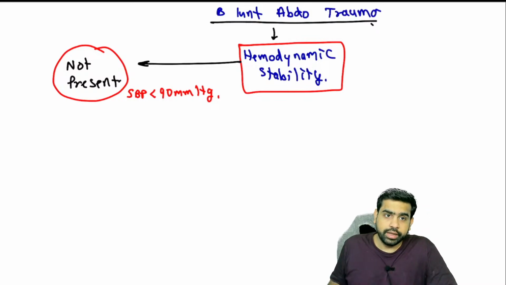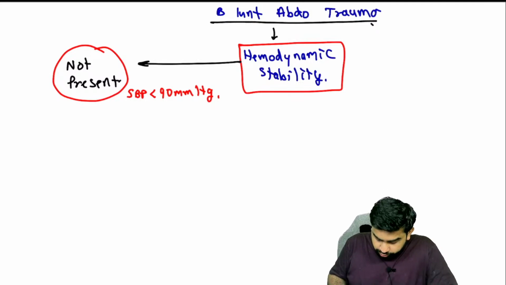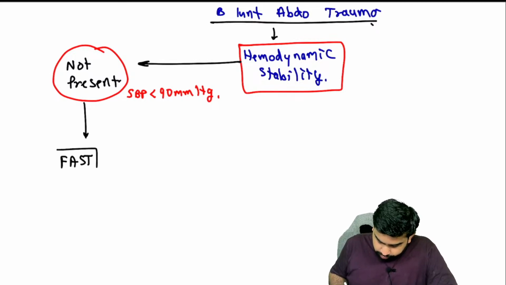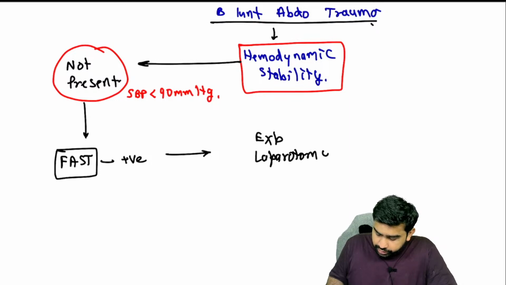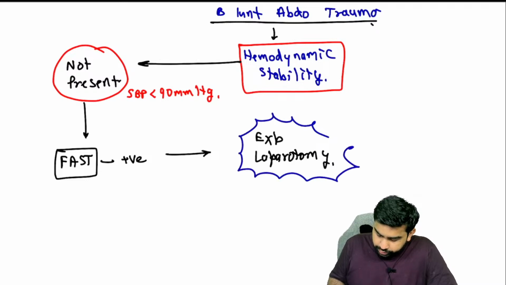In this scenario, you have to perform a FAST, and if the FAST comes out to be positive, then you have to take the patient for an exploratory laparotomy. You understand my point?